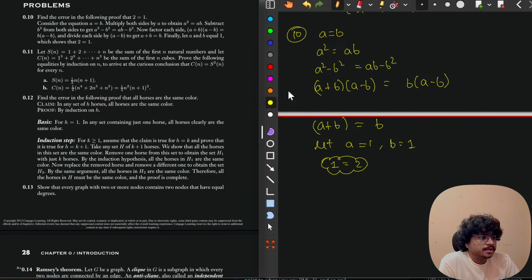You can't simply divide. I think this division step is wrong.